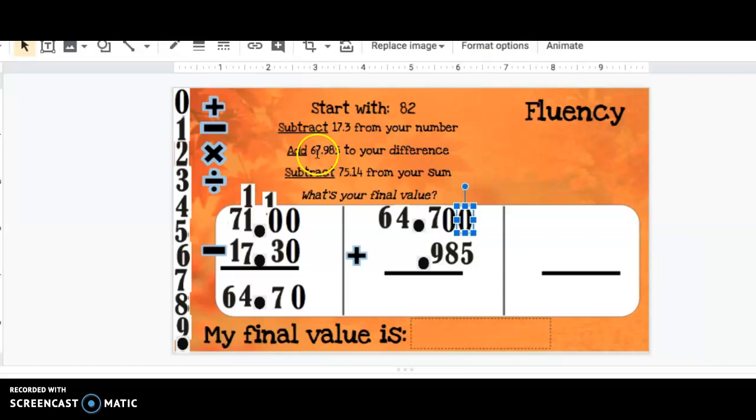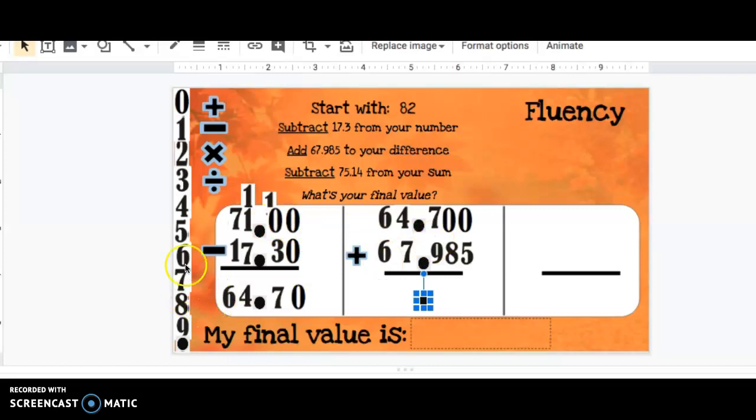Now I'm looking at my 1 spot. So in my 1 spot, there's a 7. And then in my 10 spot, there's a 6. I drop my decimal point down, dropping it like it's hot. And I begin to add.